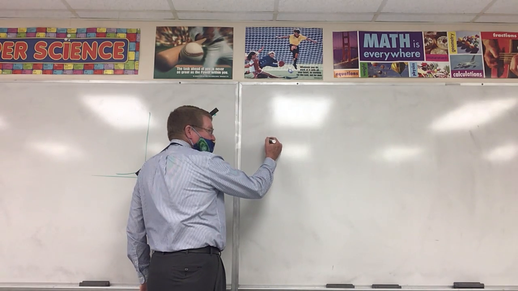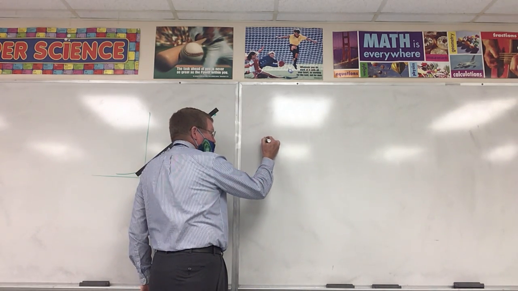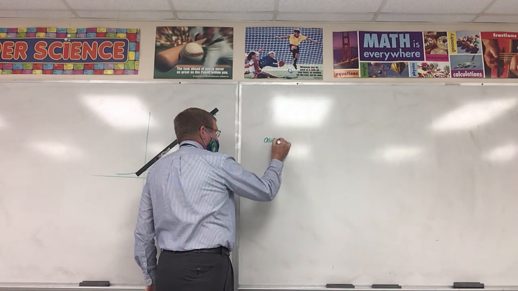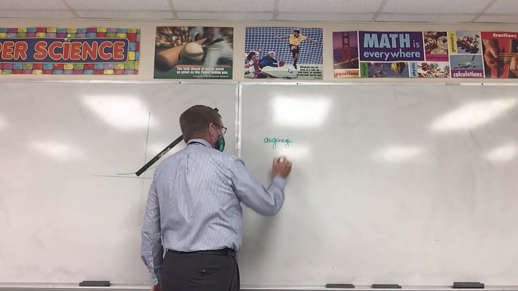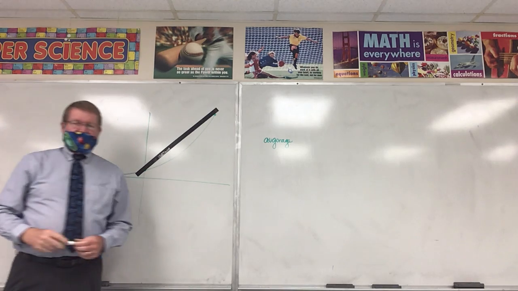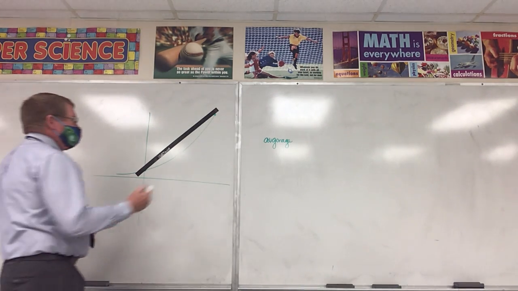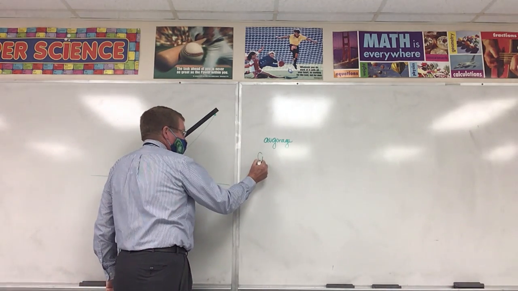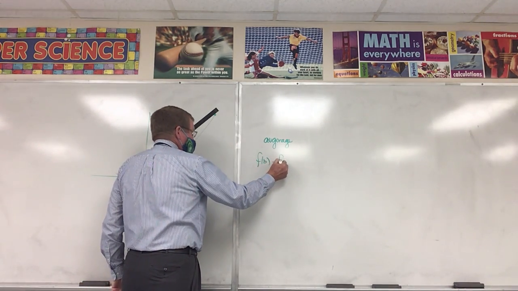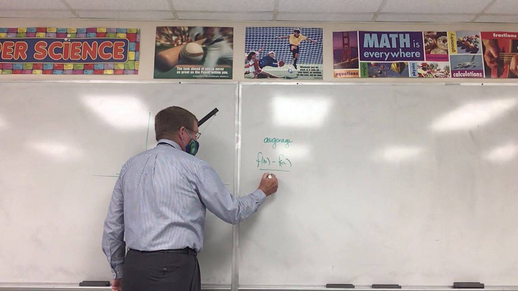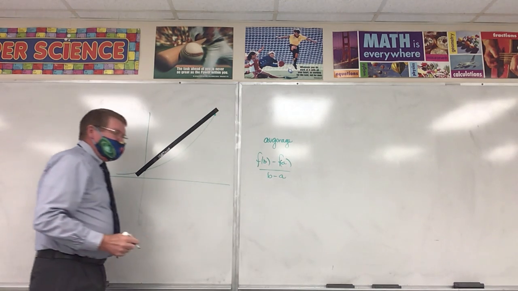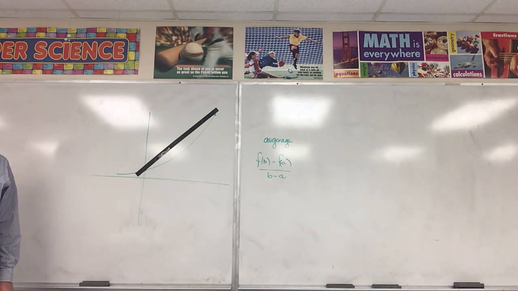It's a linear rate, and what do you say after that? Average rate of change. This is f of b minus f of a over b minus a. That's my average rate of change. That's what we learned.